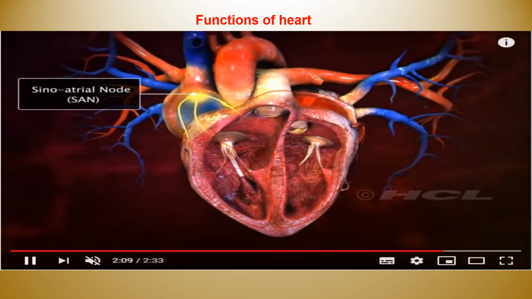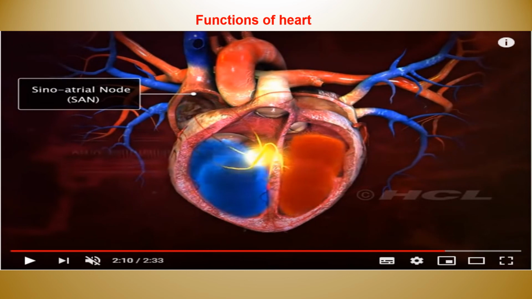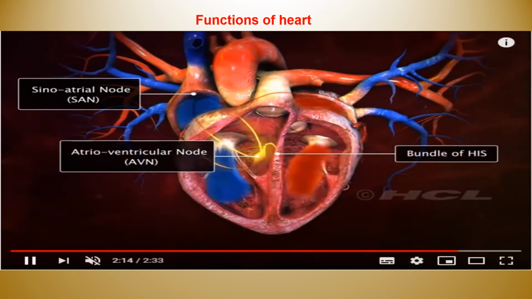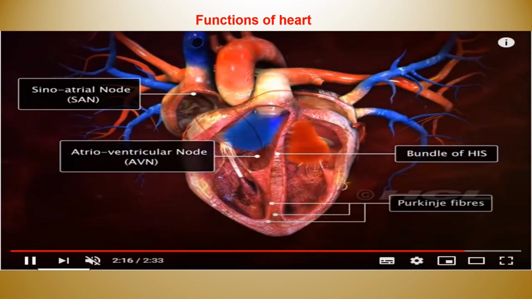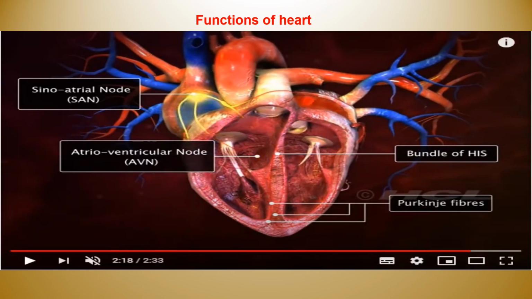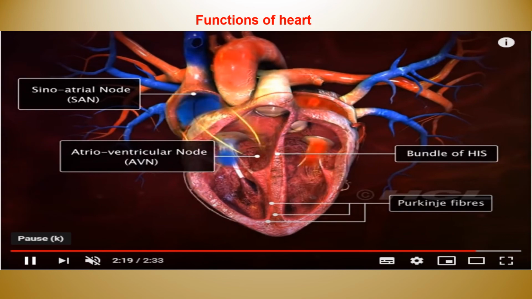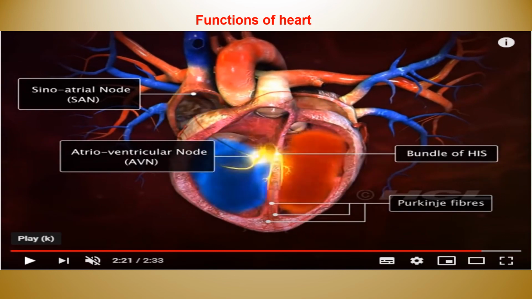The left ventricle pumps the blood all over the body. The sinoatrial node initiates the heartbeat, and it spreads over the heart. The atrioventricular node, bundle of His and Purkinje fibers spread the impulse over the heart.